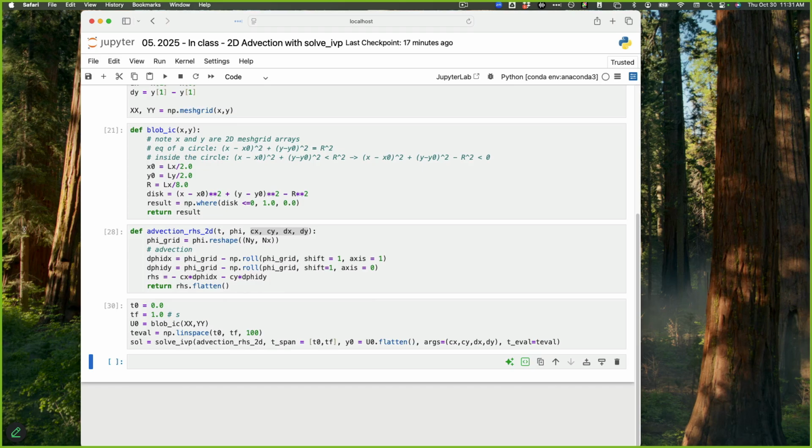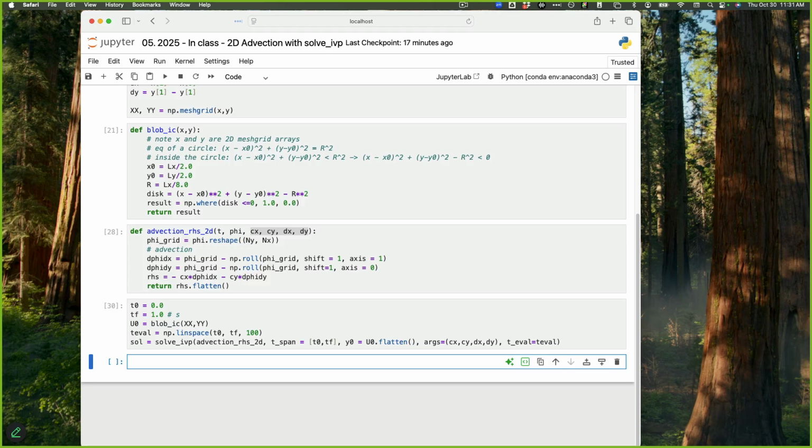All right, so let's plot this. First, let's think about solution. Solution contains the solution in 1D in the first column and the times in the second column. If I want to access the solution, I need to also reshape to plot it in 2D because the solution is flat, right?